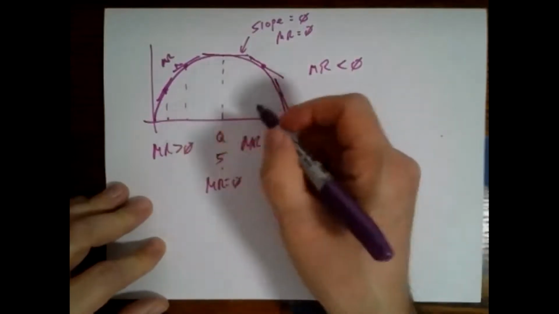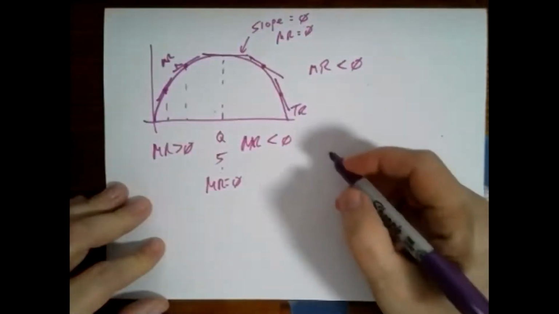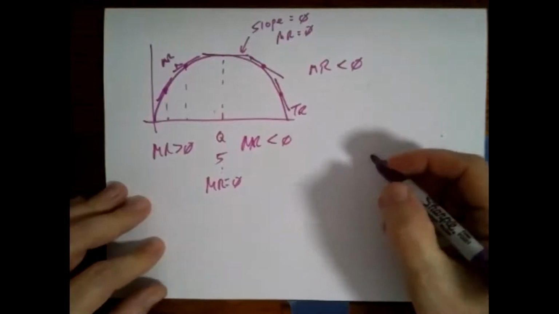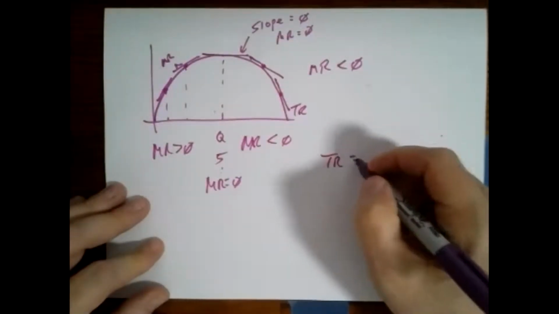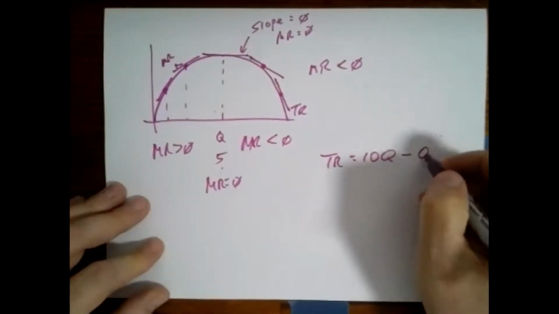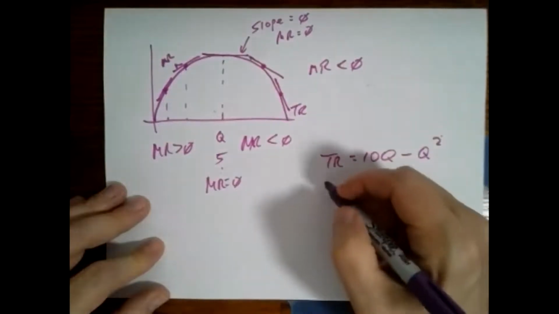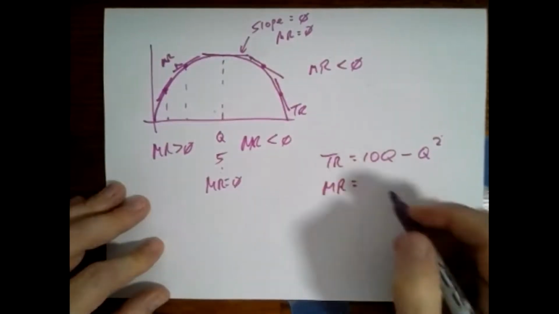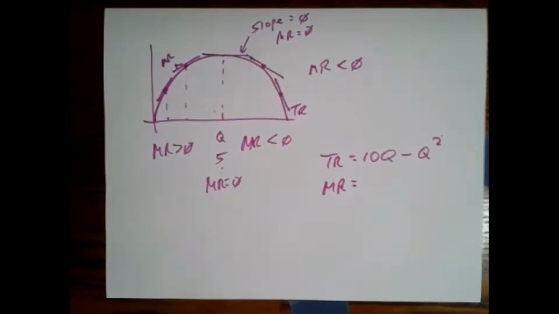So the function for this curve, as we said, was total revenue equals 10Q minus Q squared. So the marginal revenue then would be this. We would find it the same way that we were looking for the marginal cost.